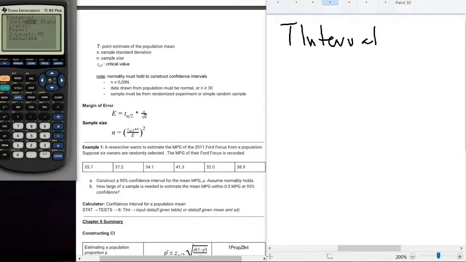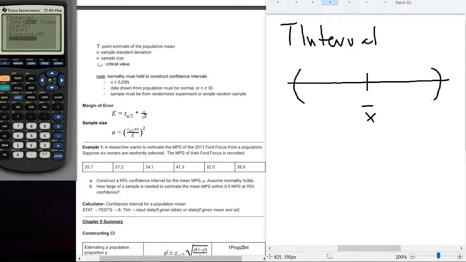We're constructing that plausible region once again, where we believe with some confidence the unknown population mean for all 2011 Ford Focus should be within. So when we hit enter, okay, it'll take a little time to load here.